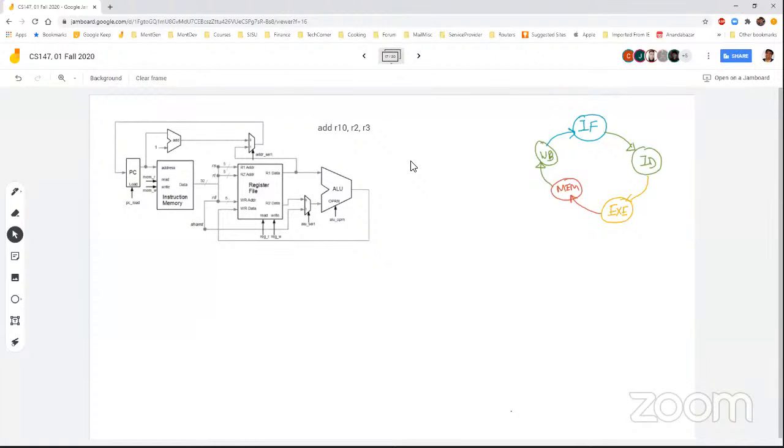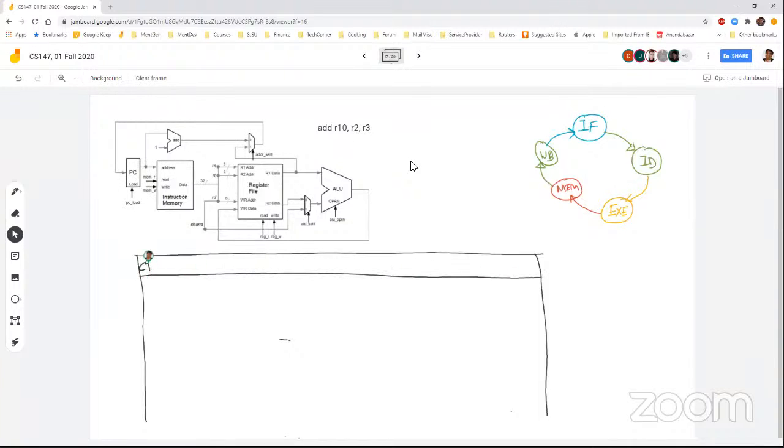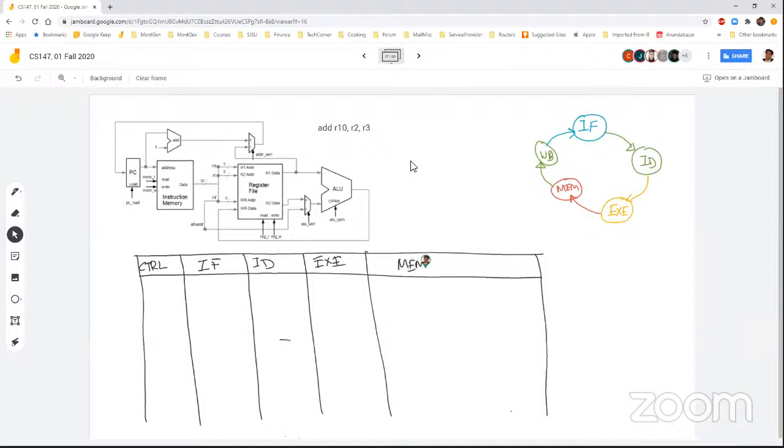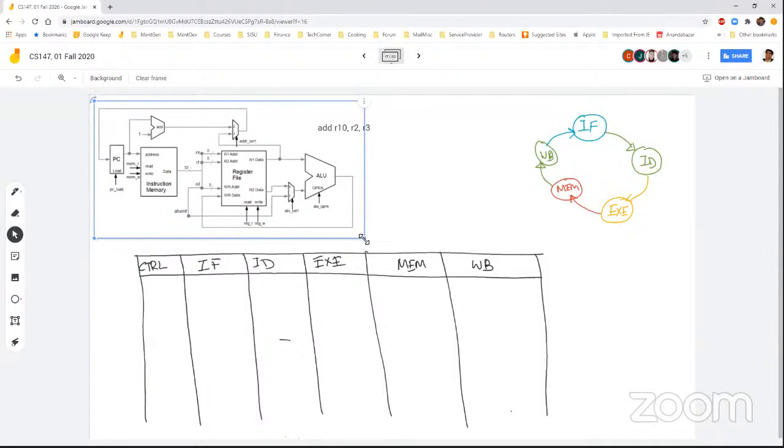So what we're trying to do here is construct a table with my control signal values, logic values, at different phases: instruction fetch, instruction decode, execute, mem, and write back.